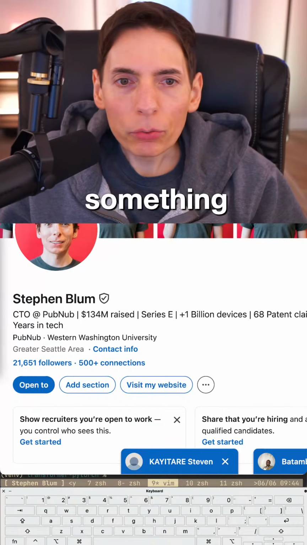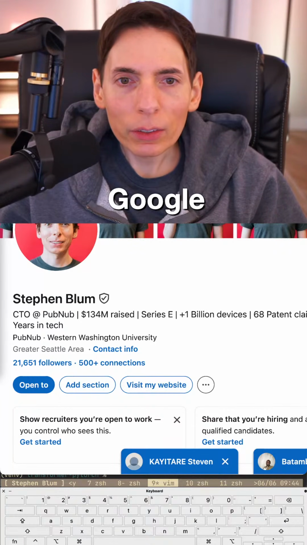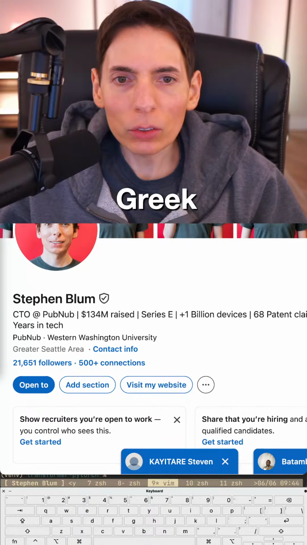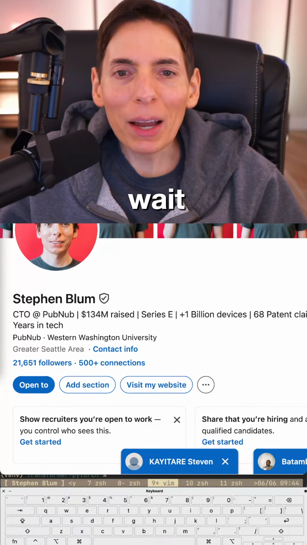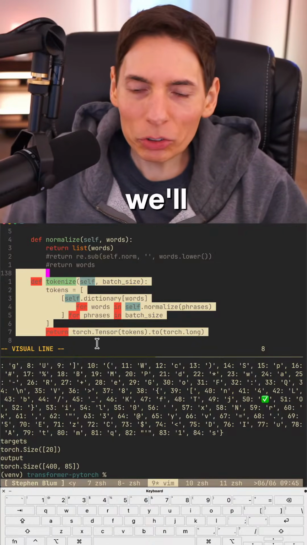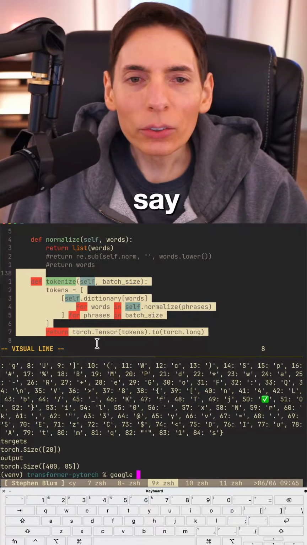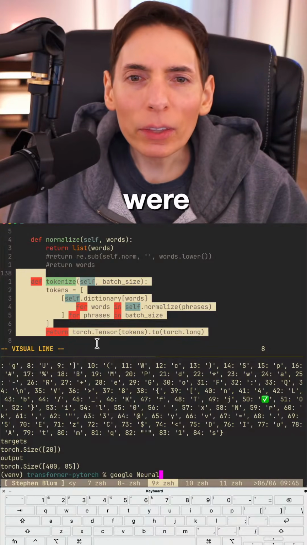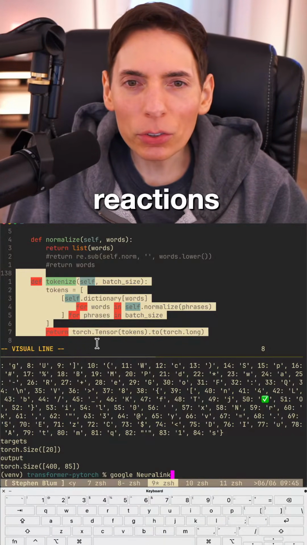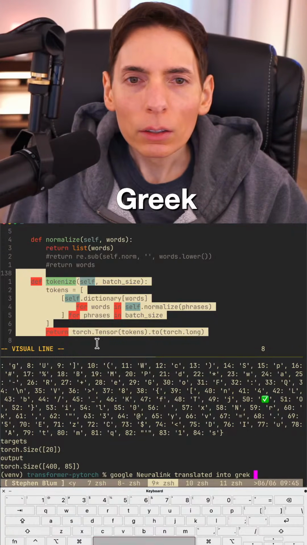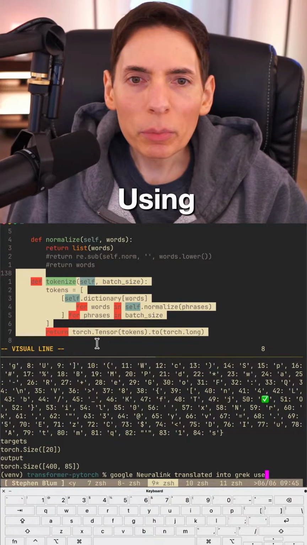You should Google something for your chat. Google this, Stephen. What is Neuralink? Translated into Greek using gematria.